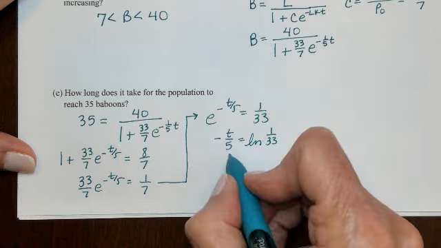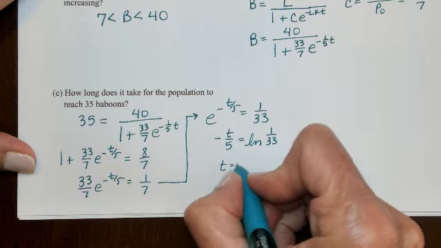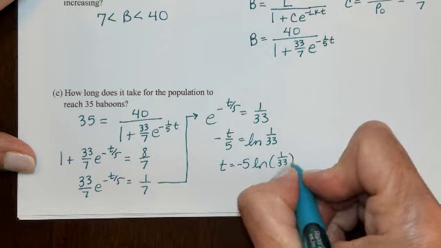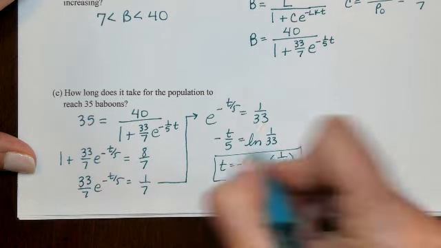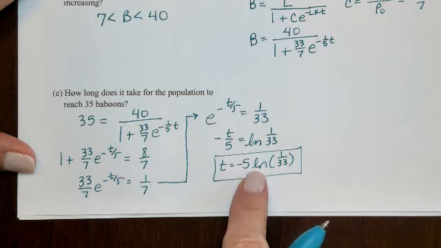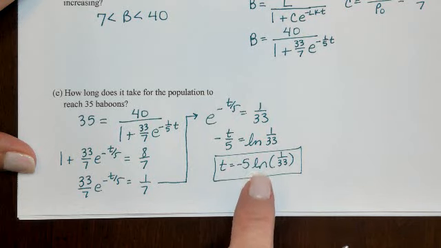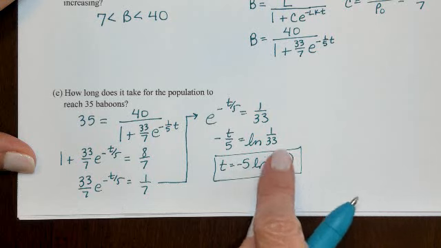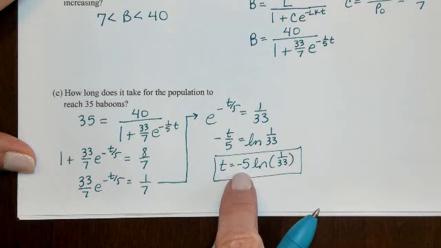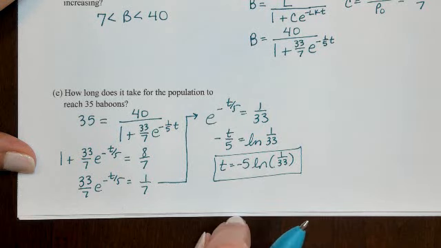And now multiply both sides by negative 5. That would be a safe stop spot. Did we get a positive time or a negative time? We got a positive time because natural log of something less than 1 will be negative. This is a negative times a negative, so that worked out. Okay?